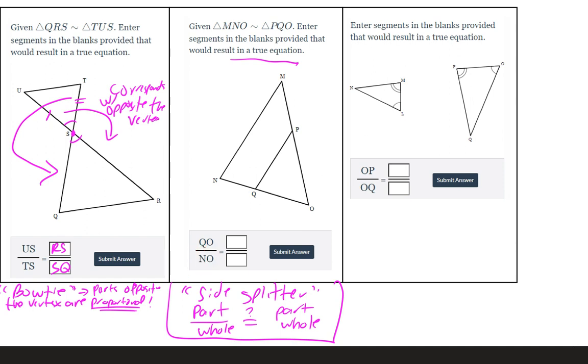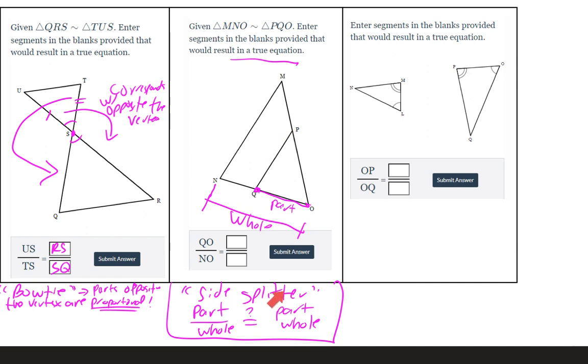QO and NO. QO is here. NO is here, right? So QO, this would be the part, right? NO is the whole. Right? So what would correspond, if this is one side, what would correspond on this other side?